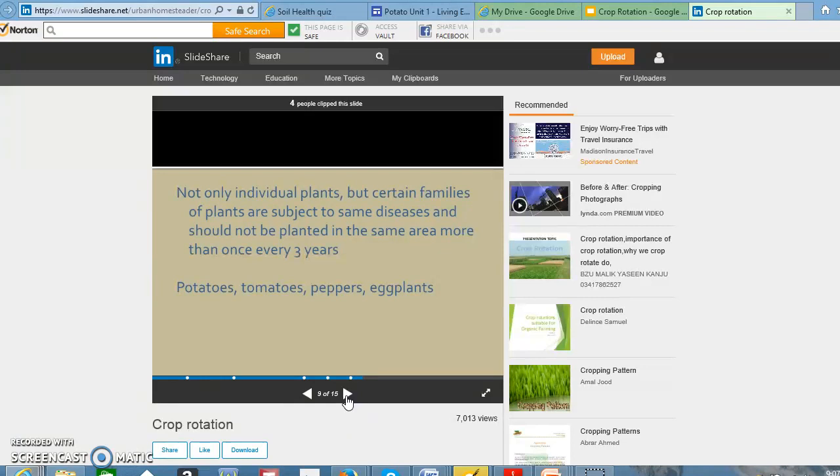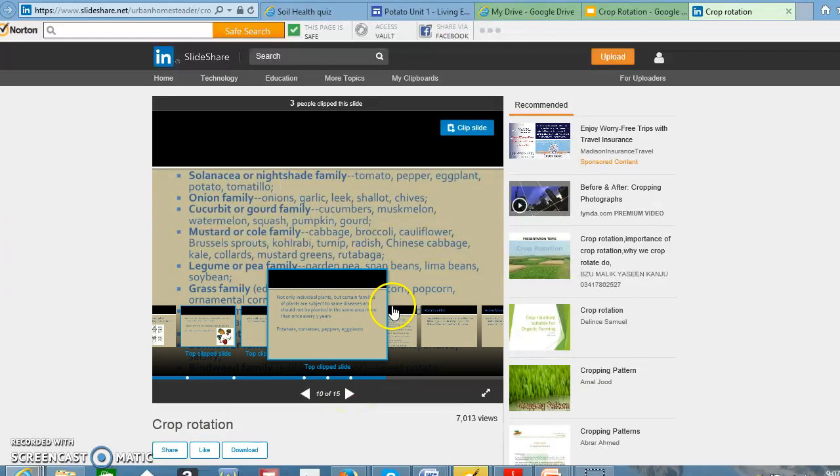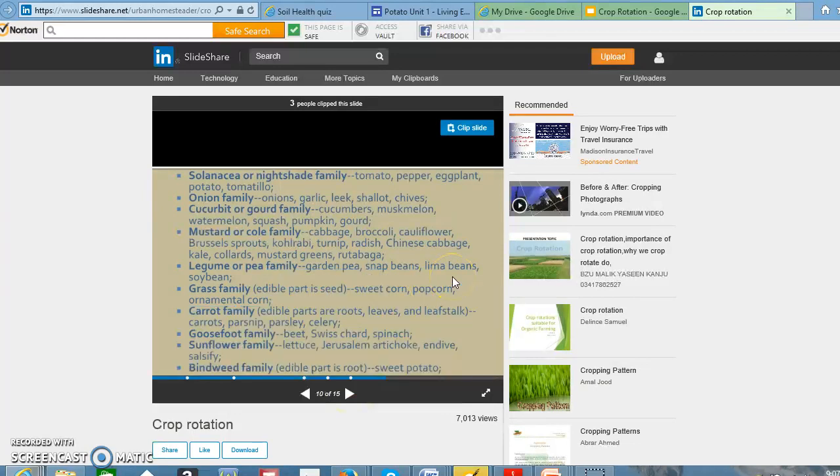So it's not just the same crop, but anything in that family. You wouldn't want to grow tomatoes one year in one place and then potatoes in that same spot the next year, because they're all in the same family. Here, if you would like to refer back to this, you can see all the different vegetables that are in the different families. You'd be pretty surprised by ones that you didn't think are related that are actually related, like potatoes and tomatoes.